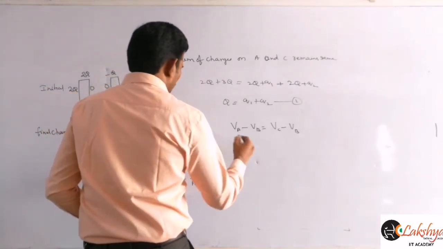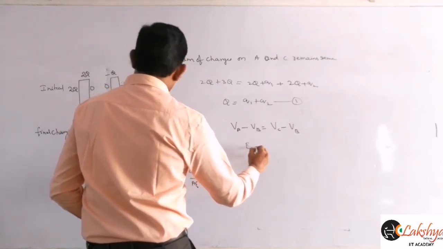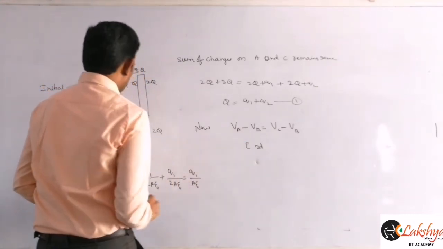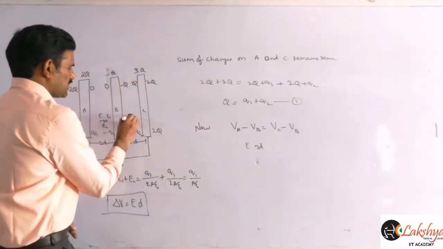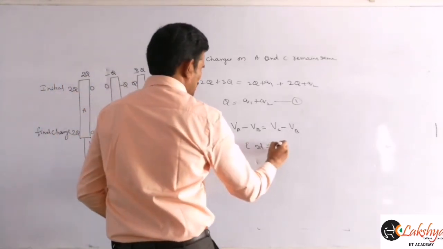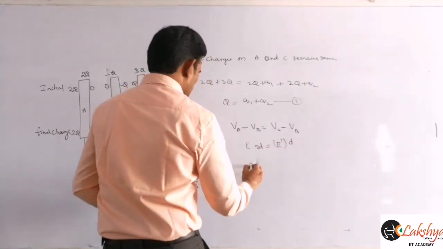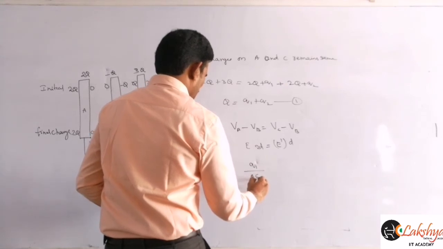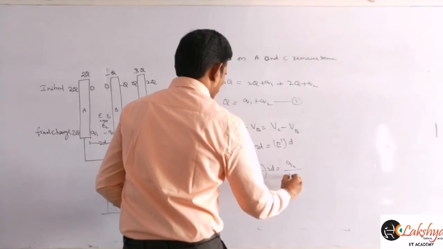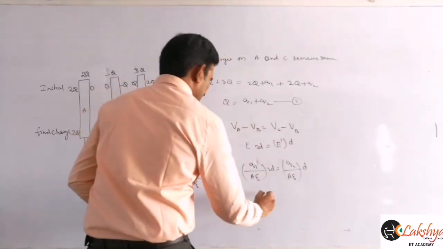And so now this value I can write as E into 2D, where E is the electric field in that direction, and similarly you can write the electric field in this direction as E dash. Then E dash into D along this direction. Then E is nothing but Q1 by A epsilon naught into 2D. This is equal to Q2 by A epsilon naught into D. Right?